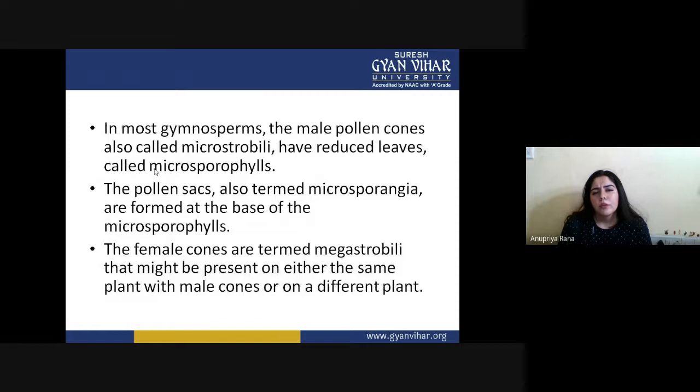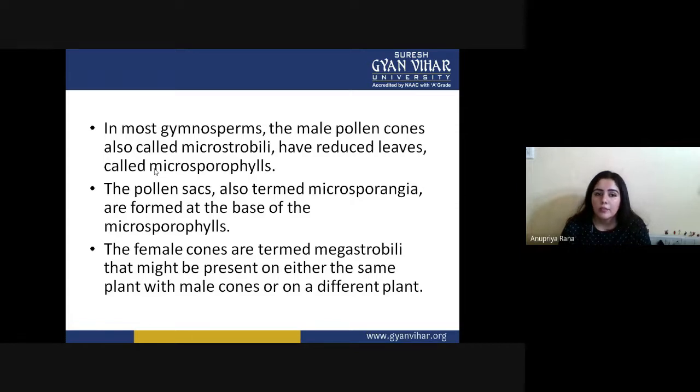So in most gymnosperms, the male pollen cones are called microstrobili. If we talk about their male part, it is known as the microstrobili. They have reduced leaves called microsporophylls. So they have some protective leaf covering around their microstrobili, because the microstrobili are a very important part of plant growth, so they need to be protected.